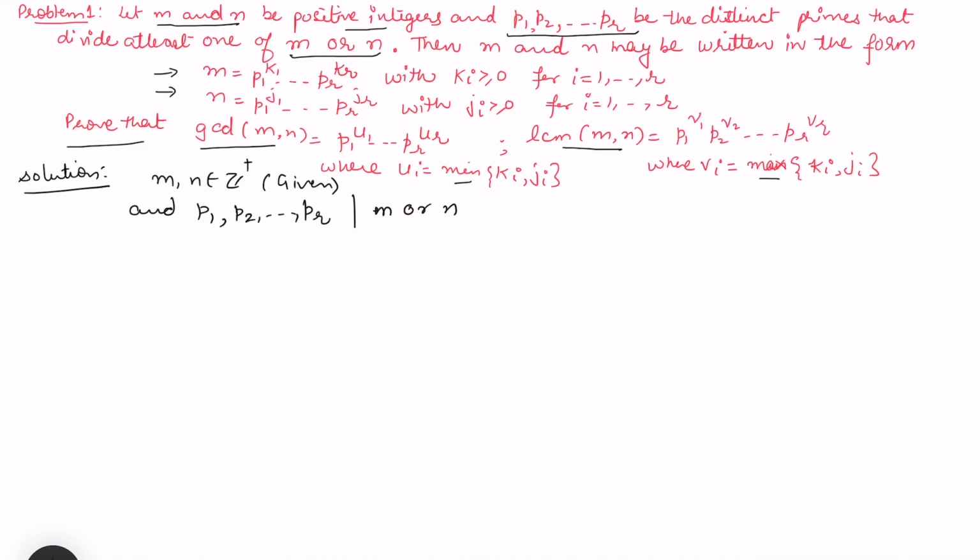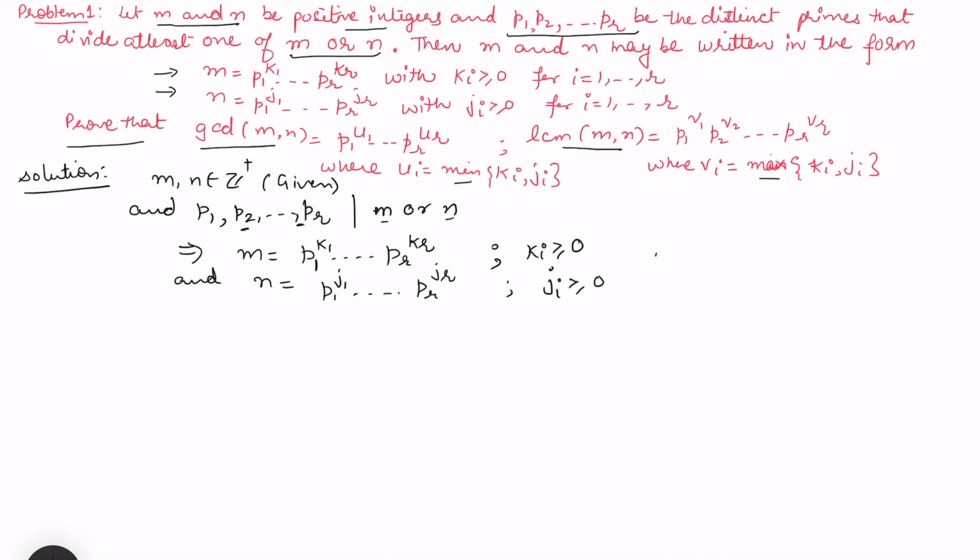Then m can be written in prime factorization form as p1 to the power k1 up to pr to the power kr. If some prime does not divide m, we can take the power of that prime to be 0, meaning that prime is not in the factorization. Similarly, n is p1 to the power j1 up to pr to the power jr, and with the same logic ji may be greater than or equal to 0, where i varies from 1 to r.